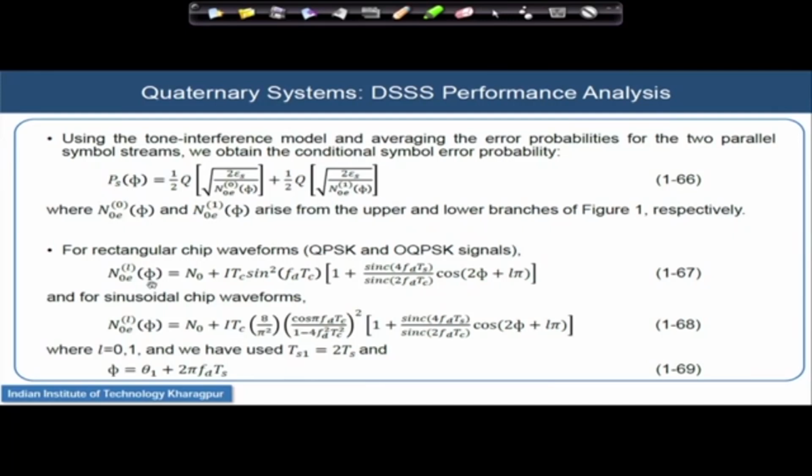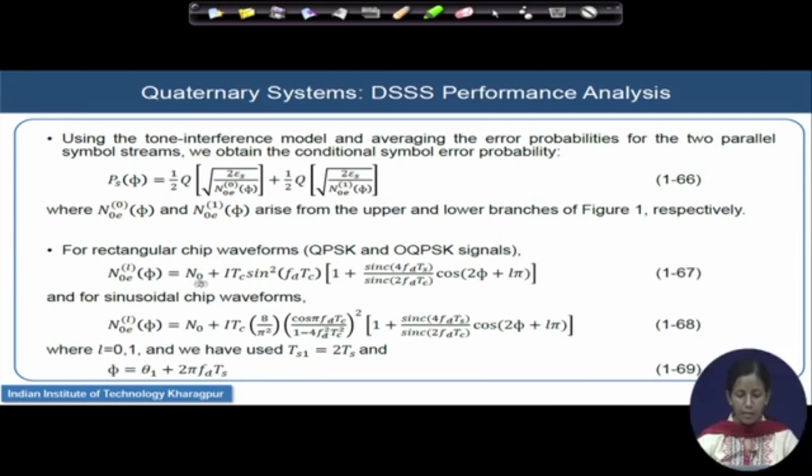And we know the expression for all this, if we utilize a rectangular chip, that will be governed by this, and this has a direct relation to the expression that we have derived in the earlier modules, where L comes in extra to capture the effect of the in-phase and quadrature phase component in the cos component. We will put 0 and 1 for the value of L to get either the cos 2 pi expression, or the cos 2 pi plus 180 degree out of phase expression for the lower path.